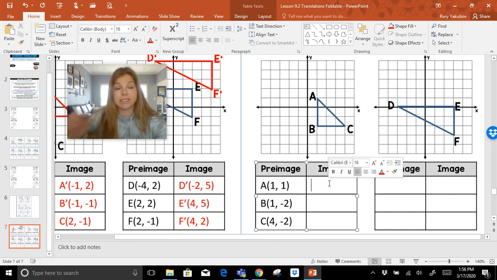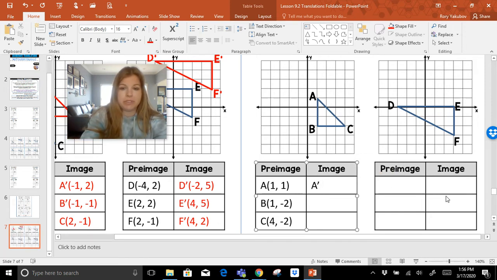If I want to translate this by -2, +3, that would mean I would subtract 2, add 3. Subtract 2, add 3.